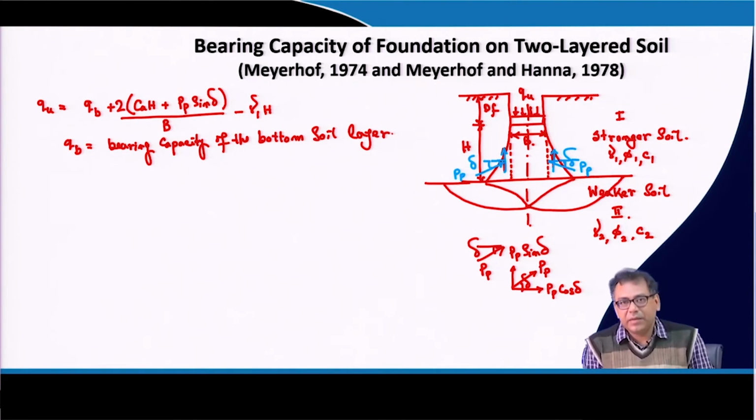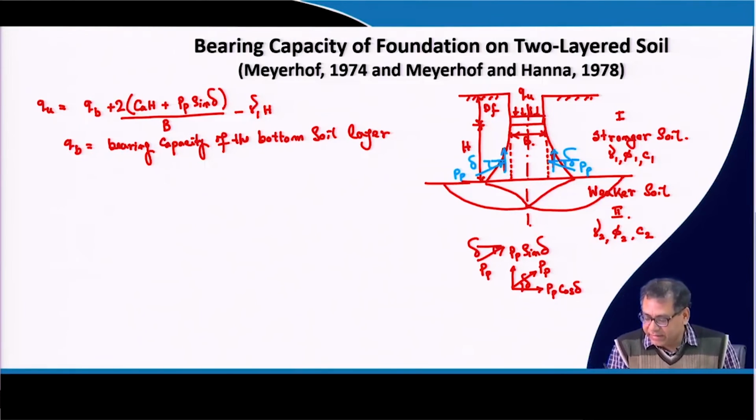Okay. So, that means from where this foundation is getting resistance, as I mentioned the failure will be in the weaker soil. So, this weaker soil will give you the resistance, and this weaker soil qb I will get by using the normal bearing capacity equation.